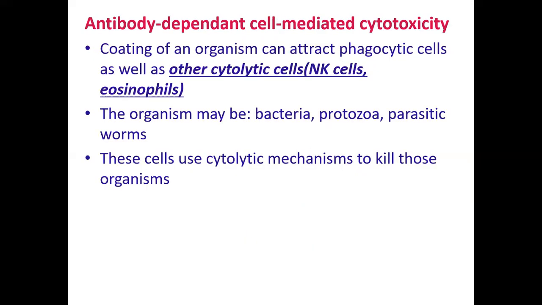Antibody-dependent cell-mediated cytotoxicity is where a coating of antibody on an organism can attract phagocytic cells as well as cytolytic cells like natural killer cells and eosinophils. The organism may be bacteria, protozoa, parasites, or worms. Those are the most common ones, and these cells use cytolytic mechanisms to kill these microorganisms.